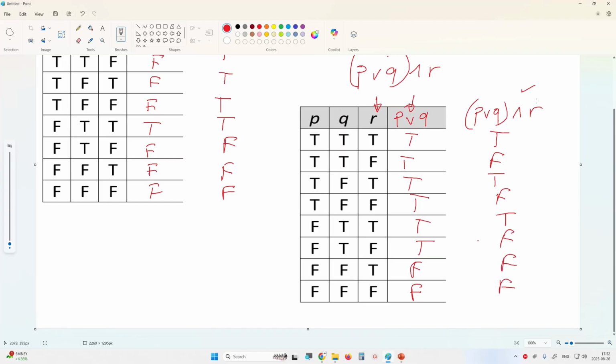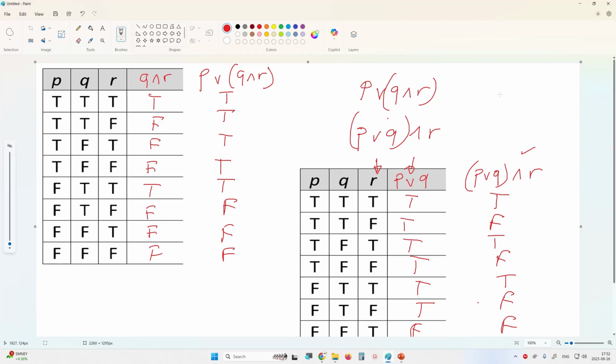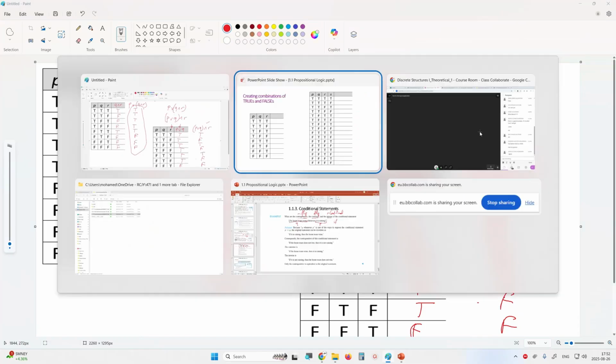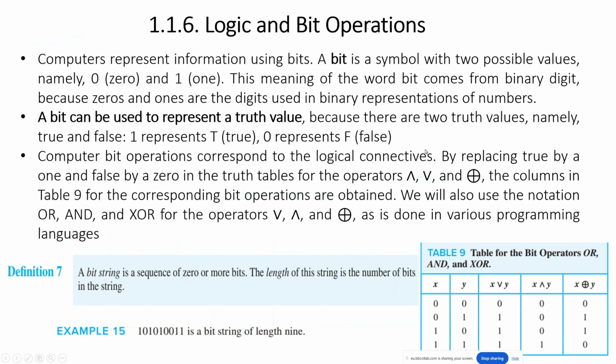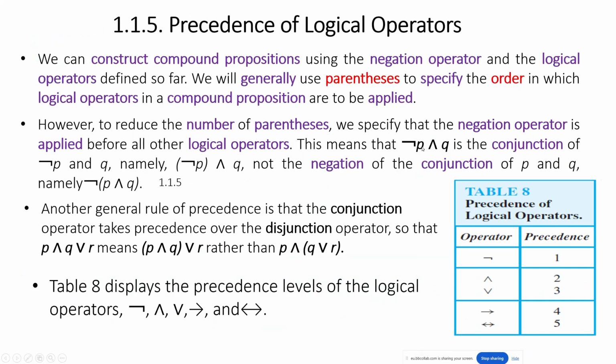Are they the same? They don't look like the same. So they're not the same. So what I was saying was false. I was saying that they have the same levels. No, they don't have the same levels. Which means actually 2 is for the and, and then the or.